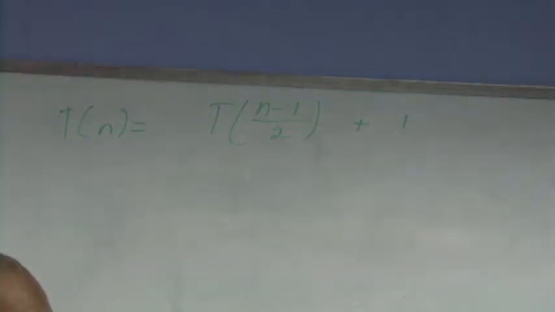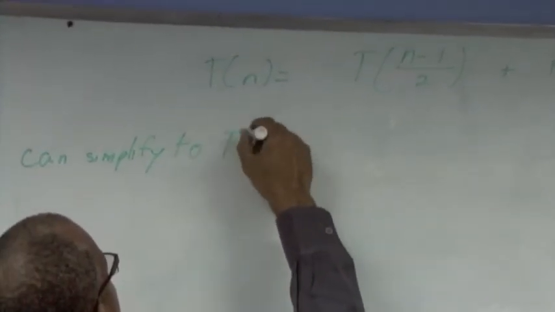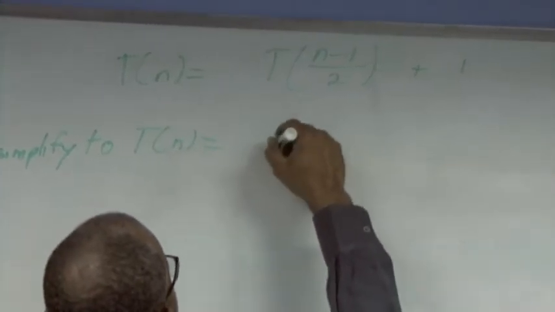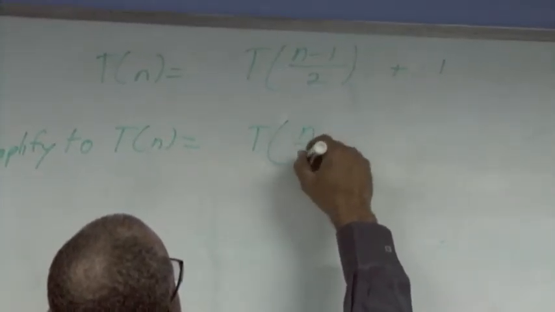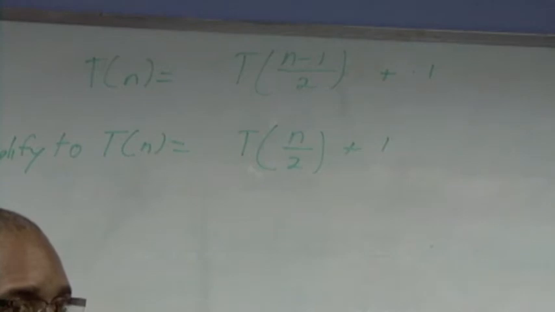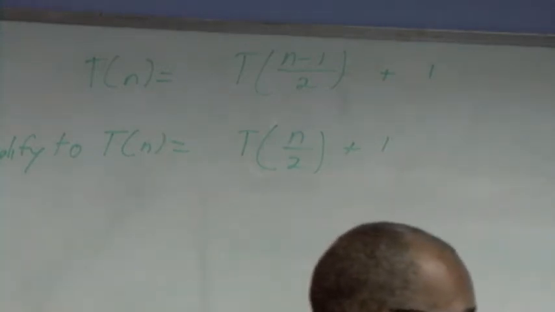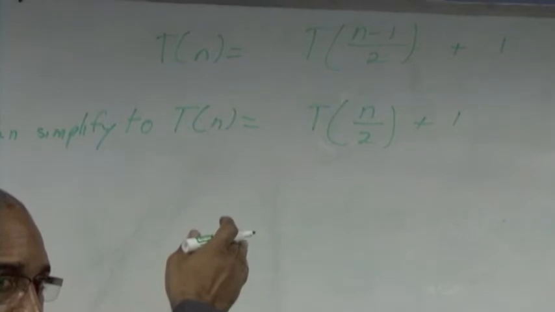We'll just simplify it. As long as you're subtracting a constant and dividing, you can simplify by dropping the constant. The proof is there somewhere, but we don't have time to look at it now. And then we can solve that with the master theorem, right?